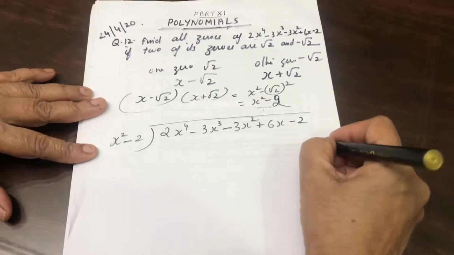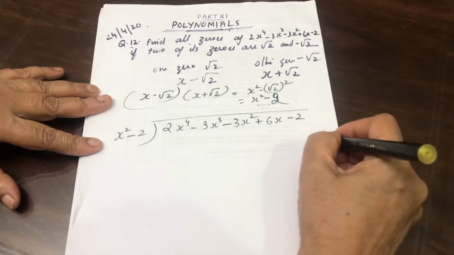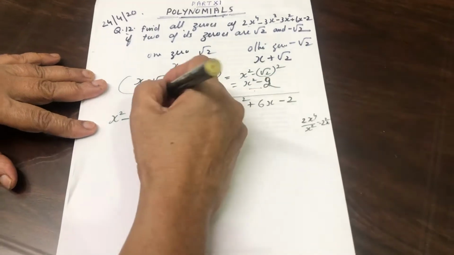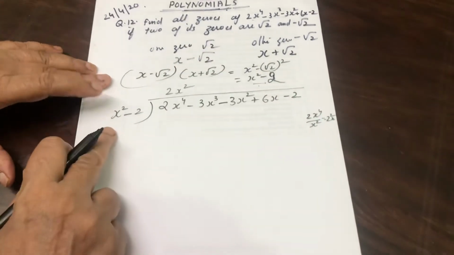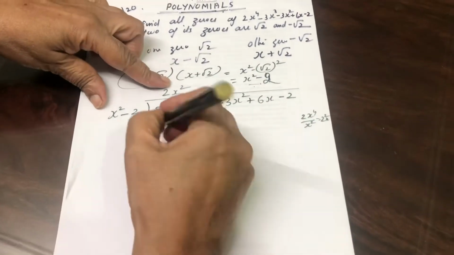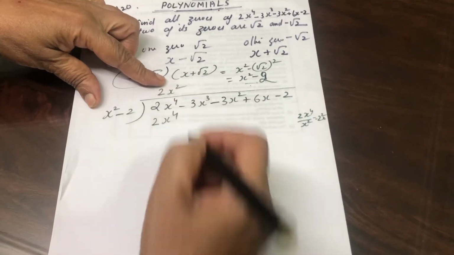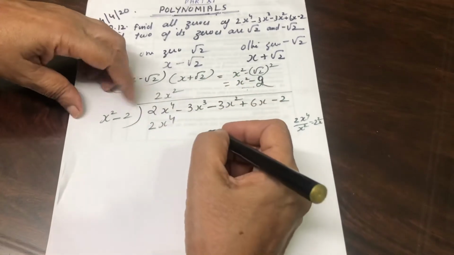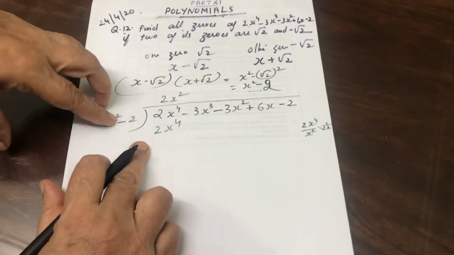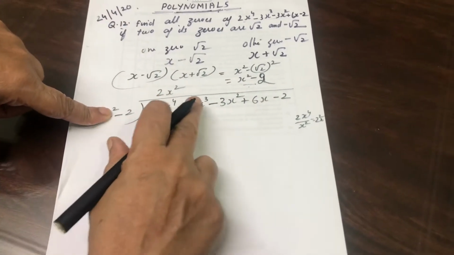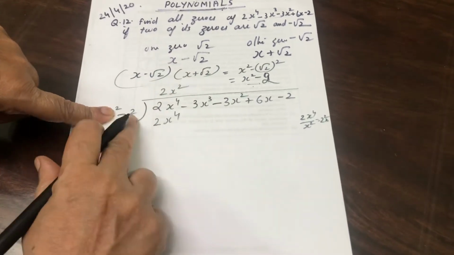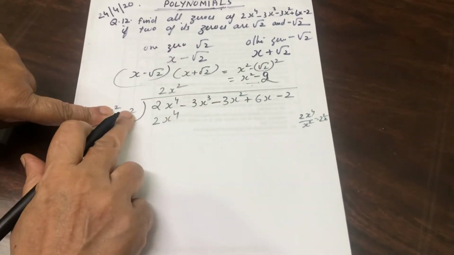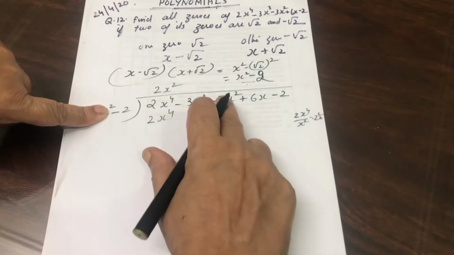So 2x raised to 4 by x squared is 2x squared. So our quotient is 2x squared. x squared into 2x squared is 2x raised to 4, minus 2 into 2x squared is minus 4x squared. You cannot write it below x cube because the power of this is 2, so you should write it down here.